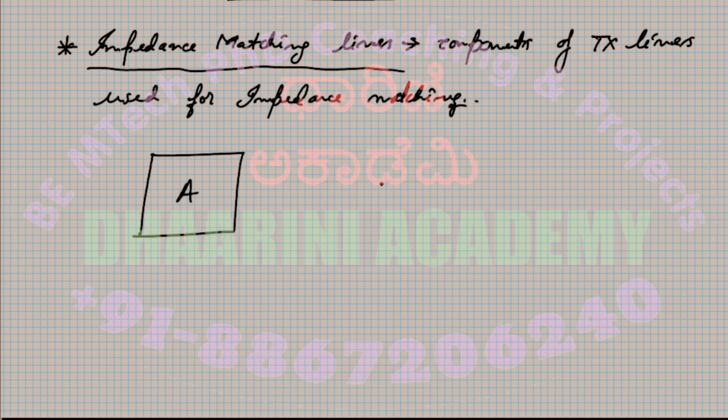That means definitely they are not equal. Source is manufactured by some vendor, you get it somewhere. Load is also available from somewhere else. They are not going to be equal. So there is no question that I am connecting them directly. Okay, so that's the most important point. Why cannot you connect? This is the answer.